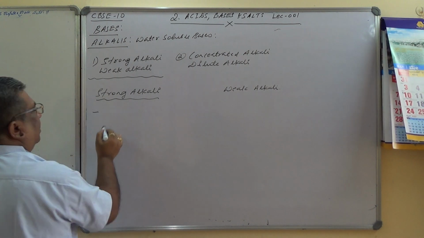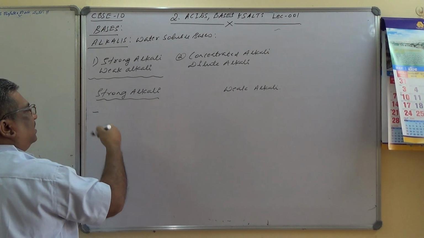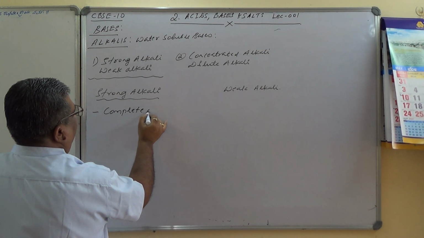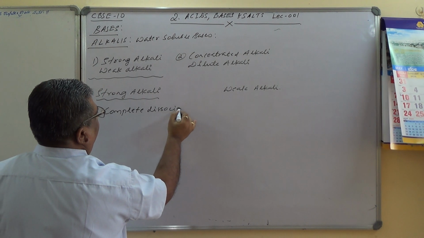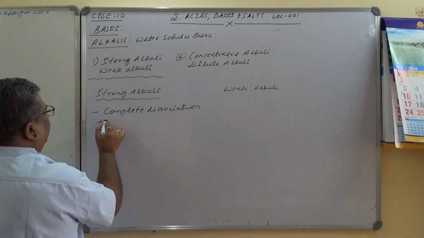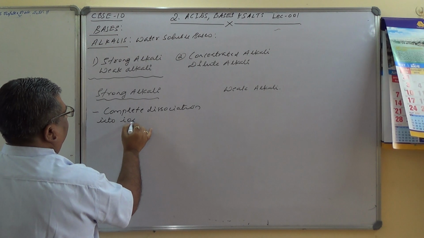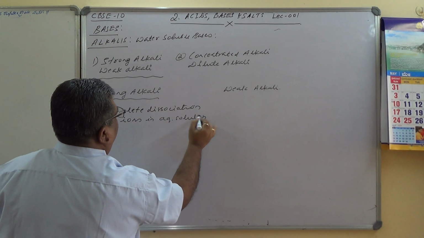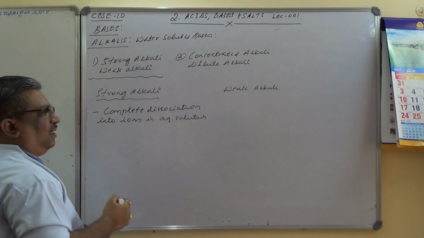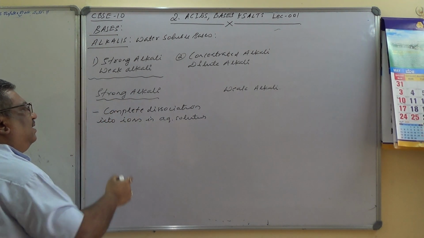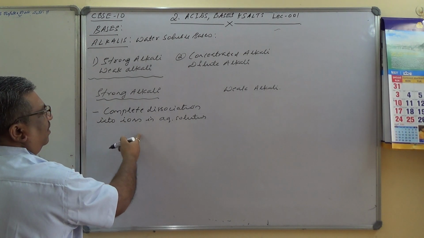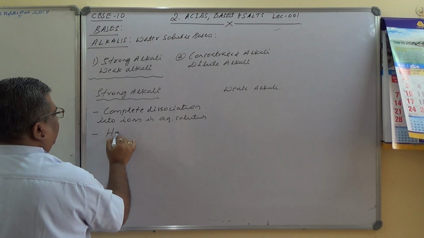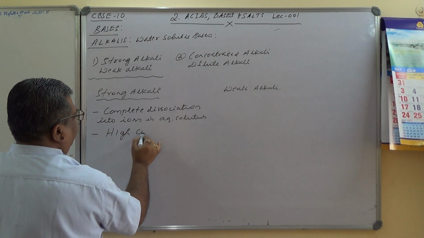So a strong alkali is an alkali which undergoes complete dissociation into ions in aqueous solution, and thereby it produces a high concentration of which ions?